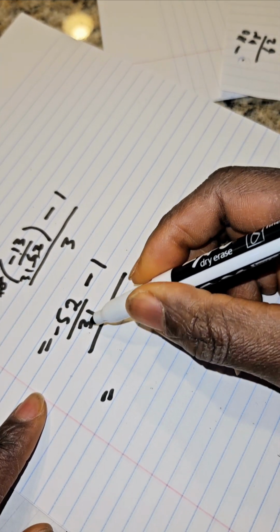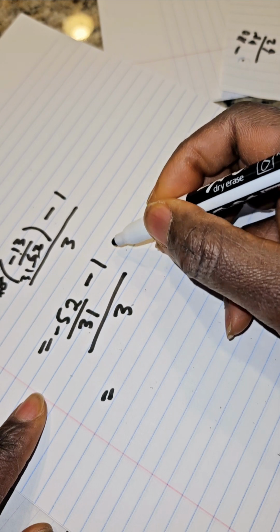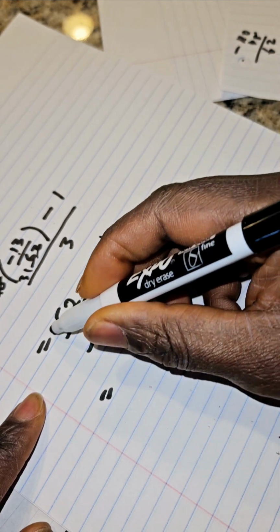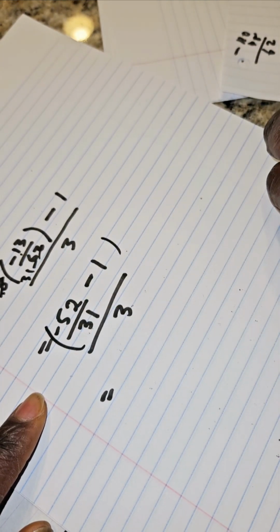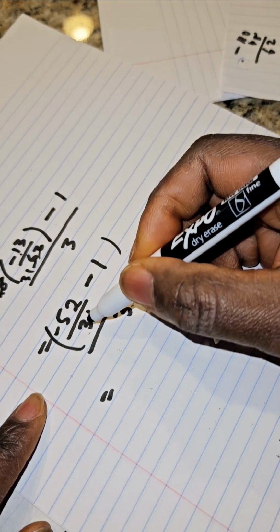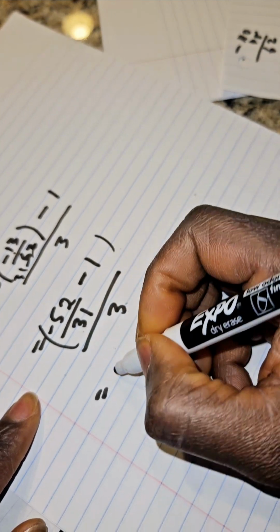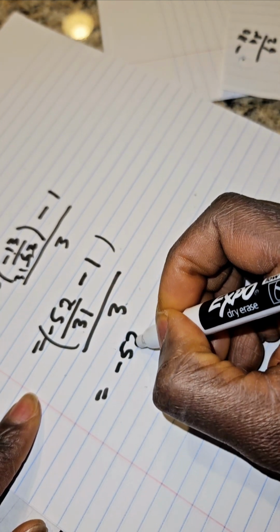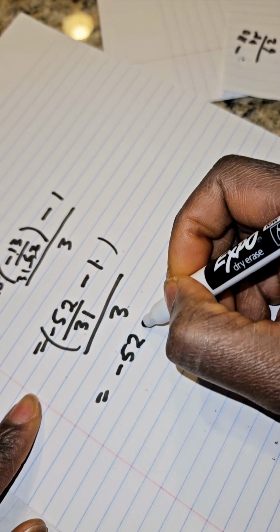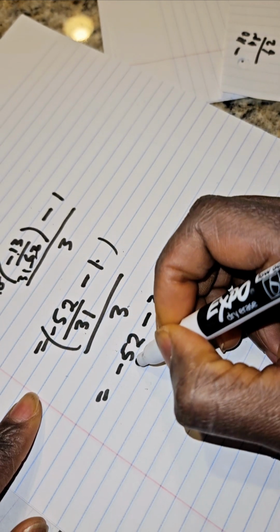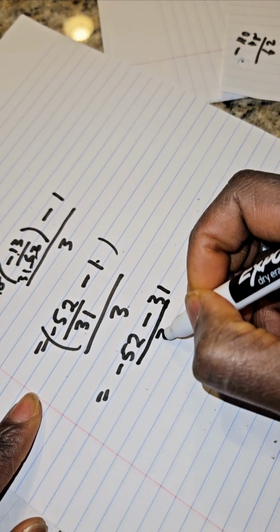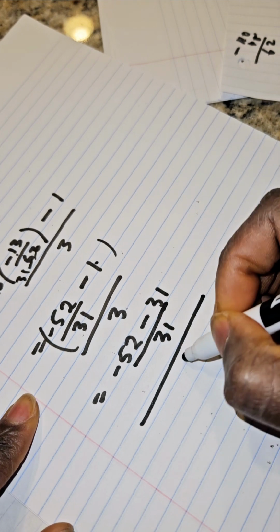Now I have 2 fractions to deal with. Simplest way, I can do negative 52 minus 31 all over 31, now all over 3.